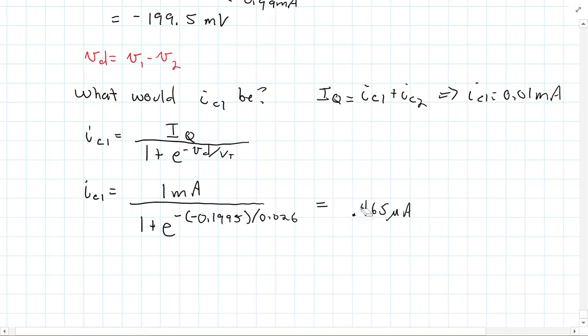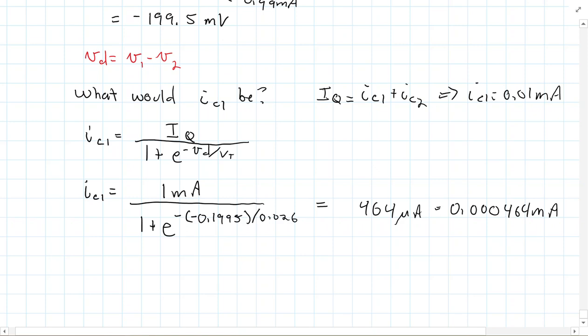Sorry, 464 microamps. Which, if we convert that, we would get 0.000464 milliamps.